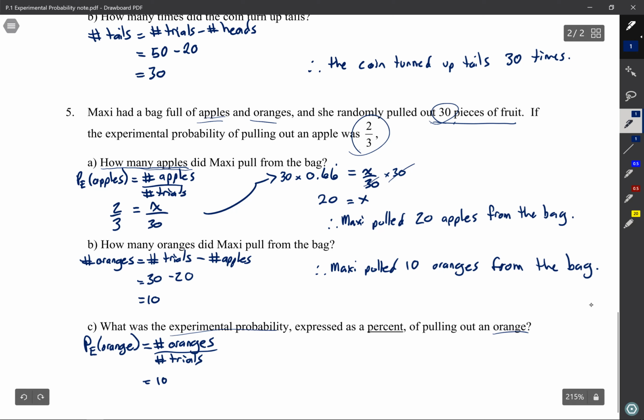I calculated that in the previous question in part B. And the number of trials is 30. That's the total number of fruits pulled from the bag. If I put that into my calculator, I get 0.33 repeated. And I can multiply that by 100% to find the experimental probability of pulling out an orange is 33%.